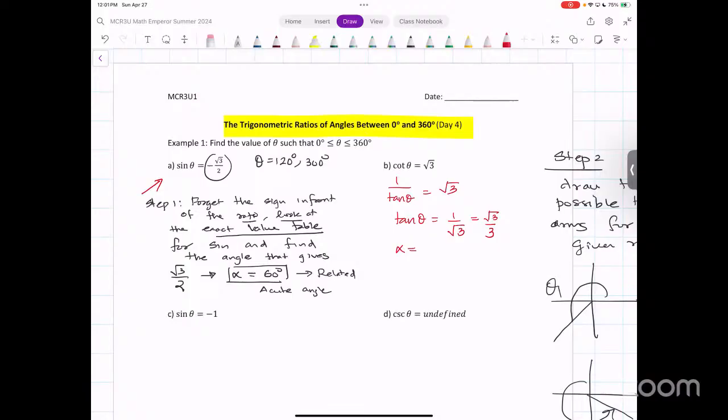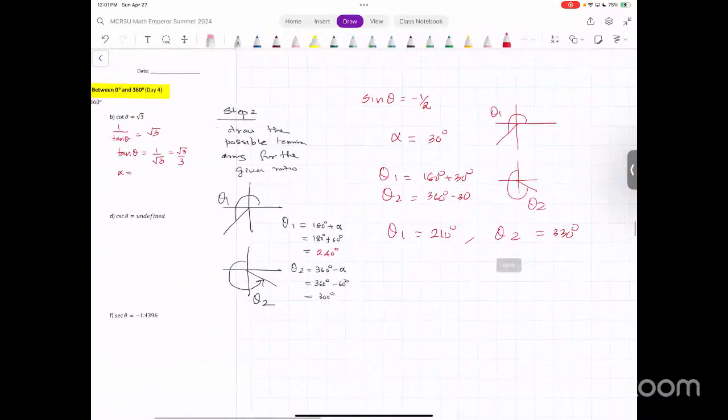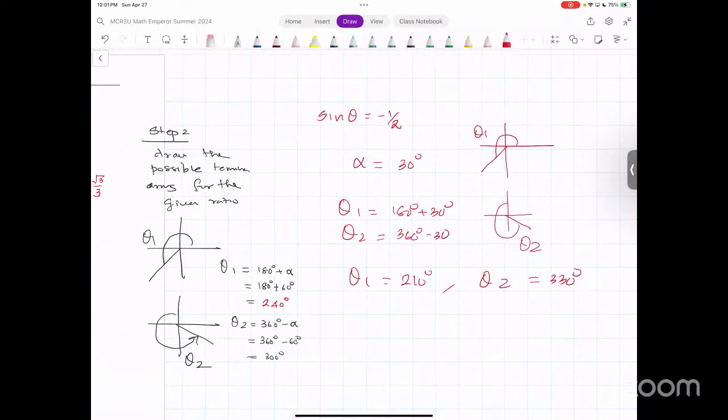Oh, I think I wrote it wrong. Can you see the 7, 2, 4? Good enough? What angle of tan is going to give you root 3 over 3 from the table? 60? I mean, sorry, 30? 30 degrees. Don't you have the table? Yeah, I do. Okay. Then you should be able to get the answer pretty straightforwardly.